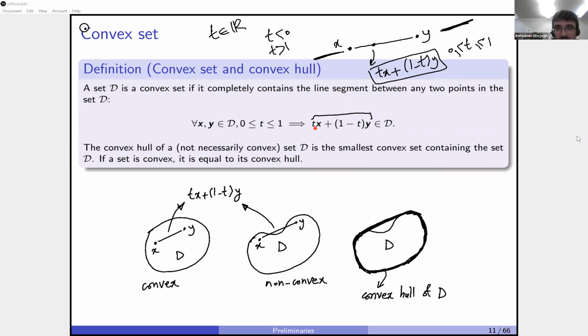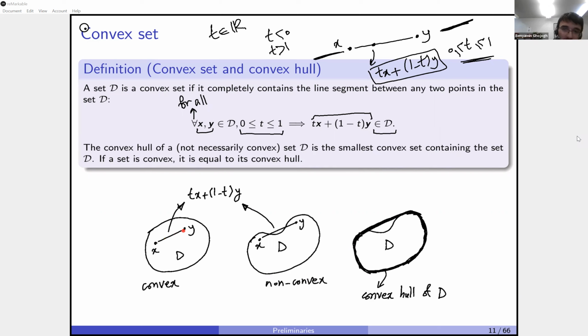So this means, for all points x and y inside the set D, and where t is between 0 and 1, as we talked here, all the line connecting x to y should be inside D. If I look at this figure here, consider any 2 points inside this set.